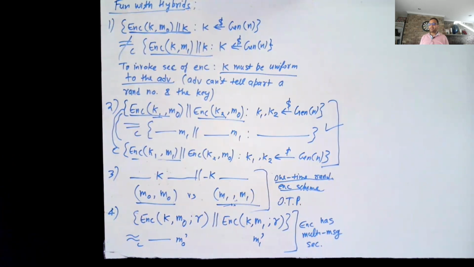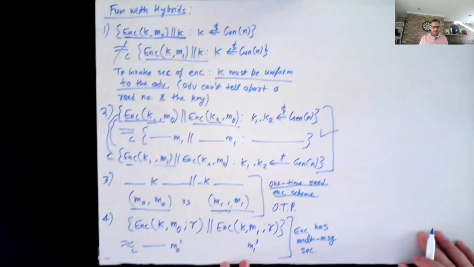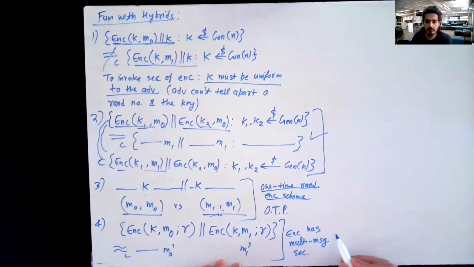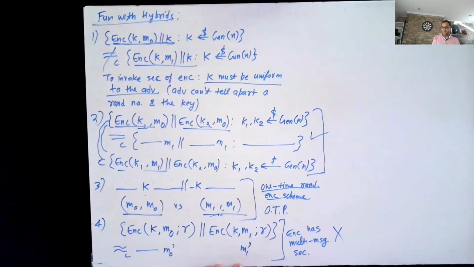So recall that in the definition of encryption and how the encryption algorithm is defined, you are supposed to generate R at random. Okay, so this turns out to be also wrong, because the security of the encryption scheme relies on R being uniform.